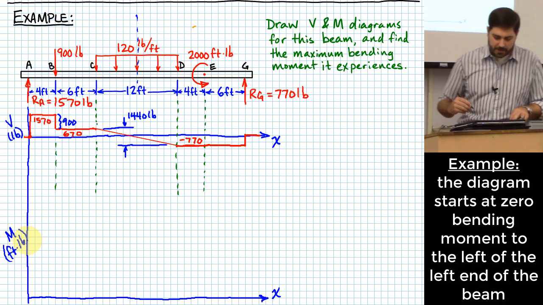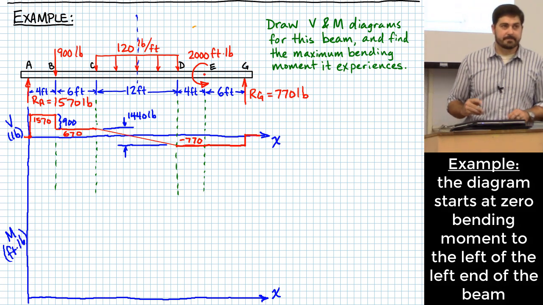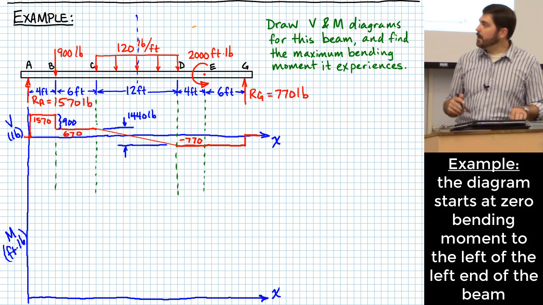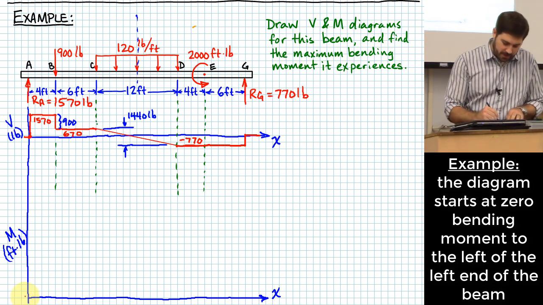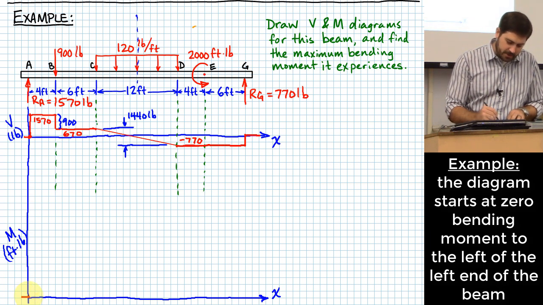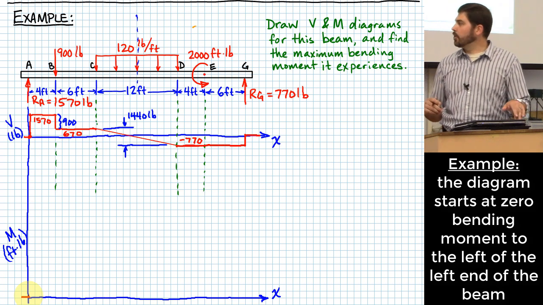Okay, I'm going to start with the same question. To the left of A, how much bending moment is my beam carrying? 0, which is good. It better not be carrying anything because there's nothing there to carry it. Okay, so I'm starting at 0.